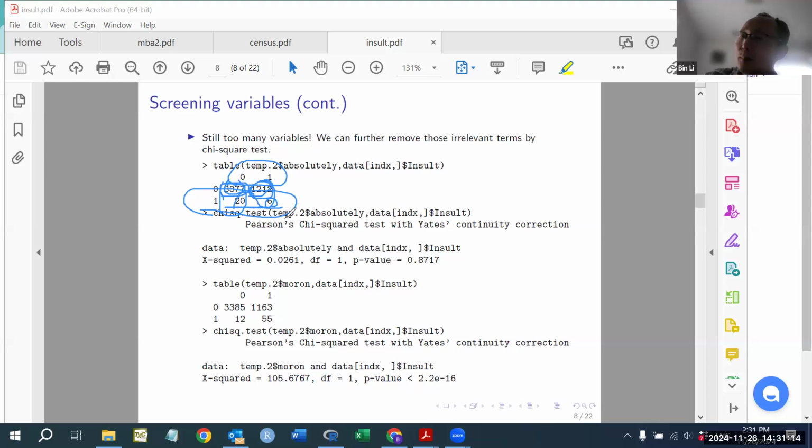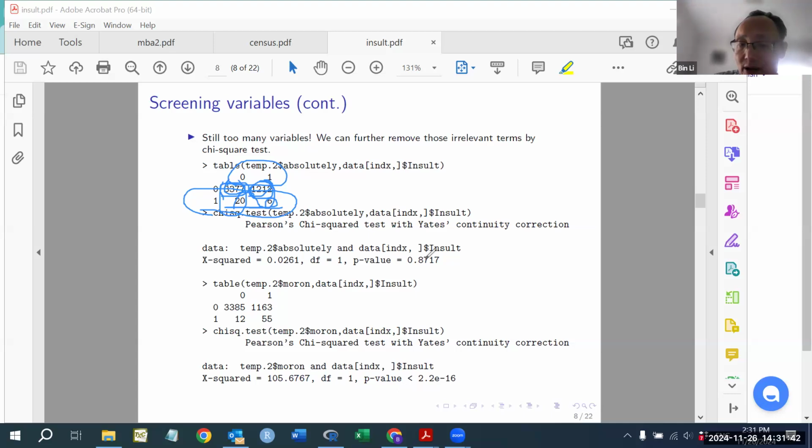So the percentage of documents that contain the word absolutely in the insulting commentary and in the neutral commentary are about the same. That means there's no strong association between the insulting status and the appearance of the word absolutely.